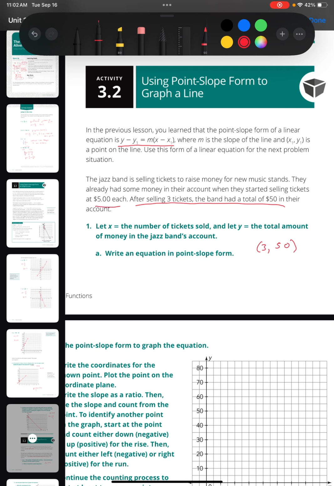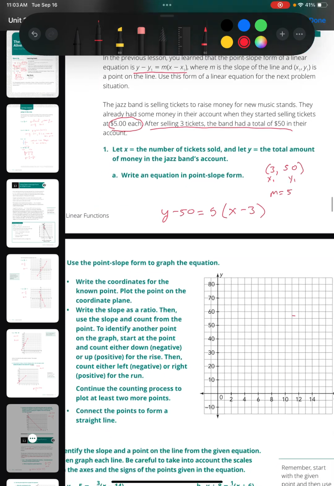And here's our slope. Notice that keyword each again. So we got a slope of 5. If we're going to put that in point slope, x1, y1, we'd have y minus 50 equals my slope, 5, and then x minus 3. So there would be our point slope form equation.